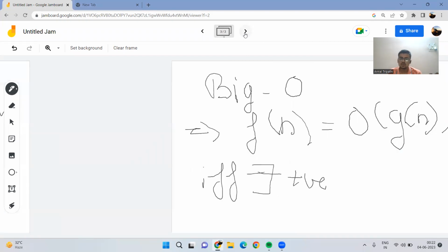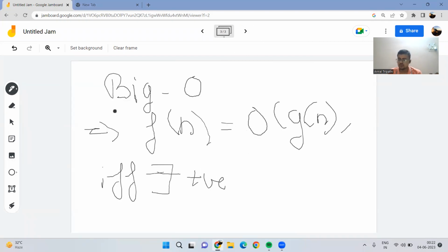So, moving on to the first notation, that is the big O notation.